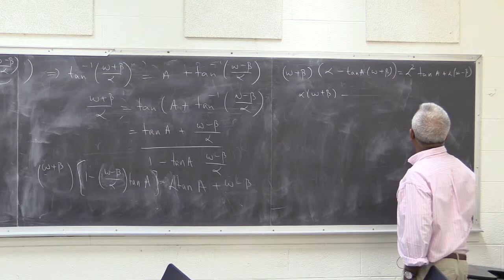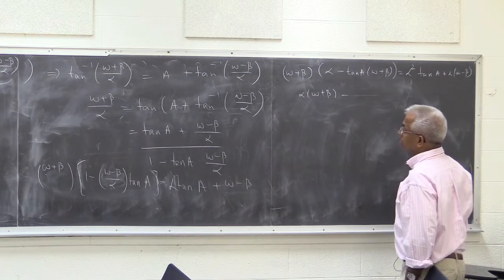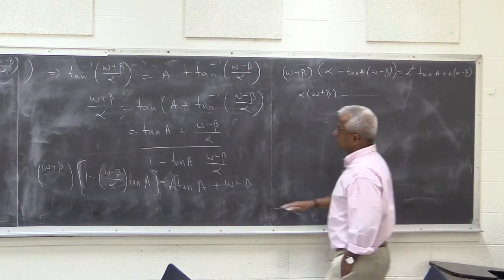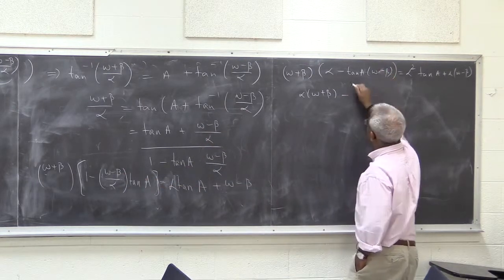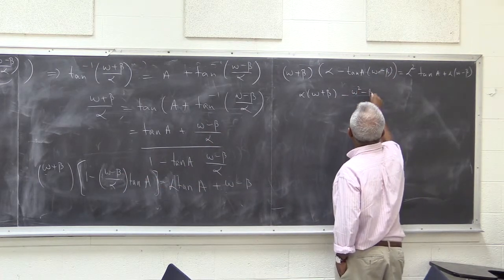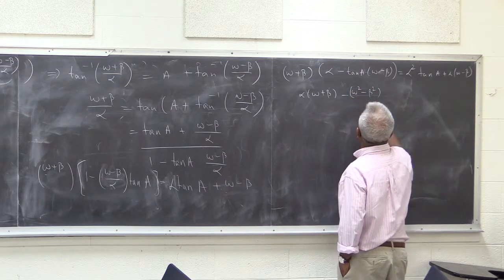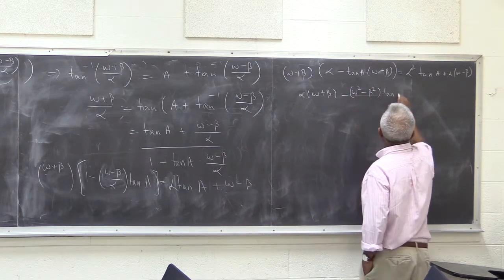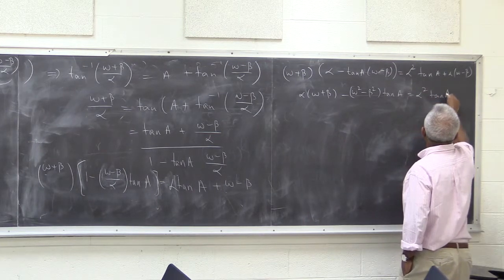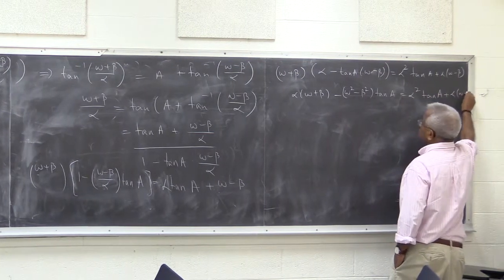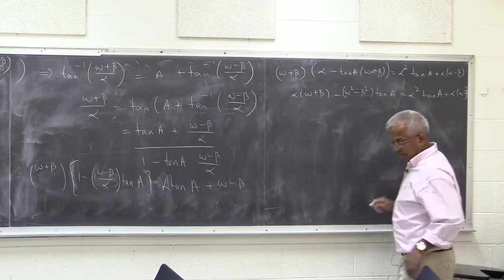Notice that this is omega minus beta here, so this should have been omega. So that's omega squared minus beta squared multiplied by tan A equals alpha squared tan A plus alpha multiplied by omega minus beta.